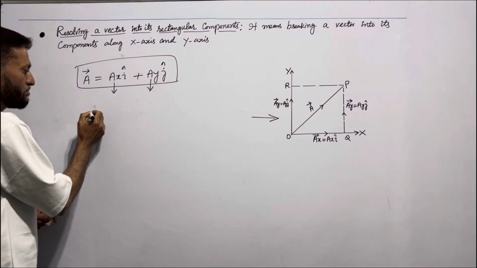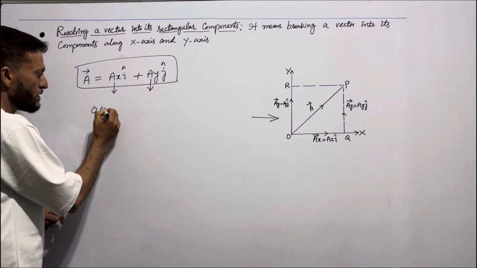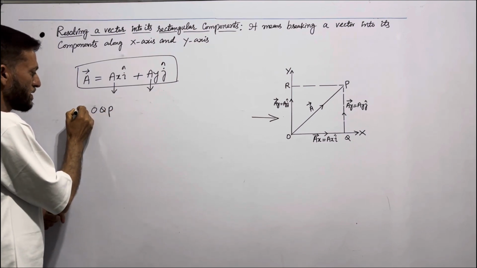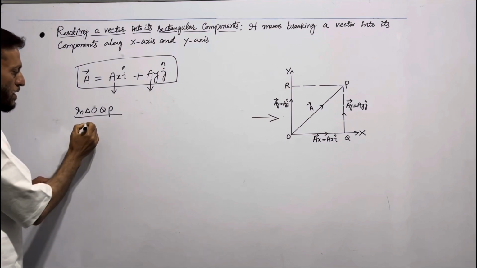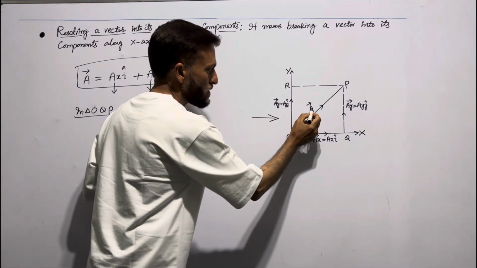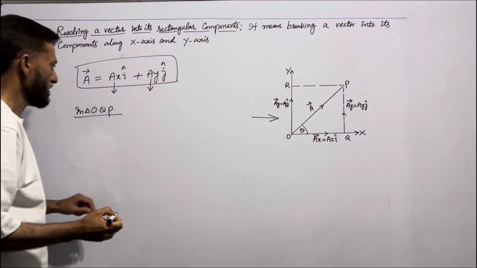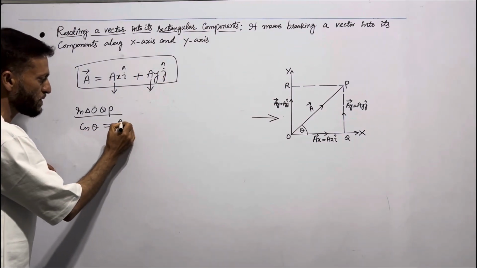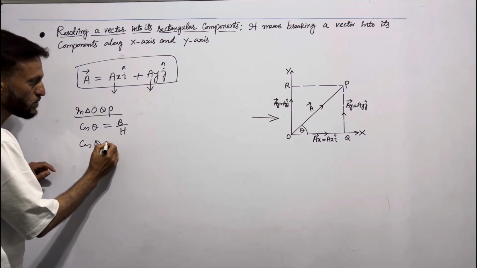In triangle OQP, in this triangle we have, let us suppose that vector A makes an angle theta with x-axis. In this triangle we have cos theta equals to base by hypotenuse, or cos theta equals to, what is base?